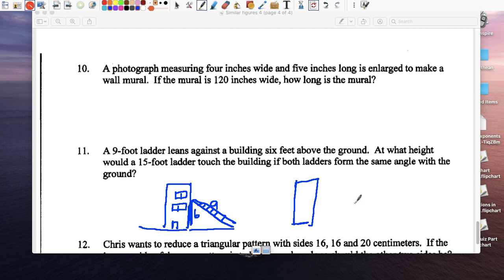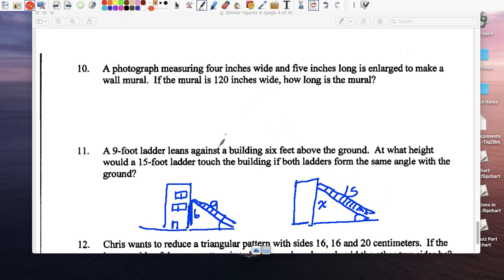The 15-foot ladder is over here. This is 15. The angle with the ground is the same, so this angle, and I'll put a little mark for angle, is the same angle. What height would the 15-foot ladder touch? So we're missing this guy right here.